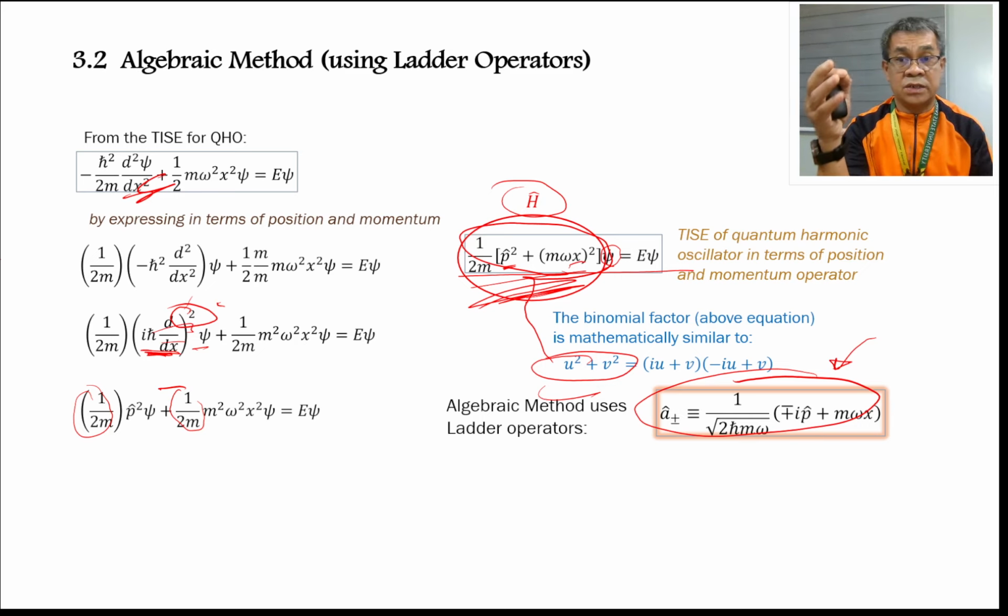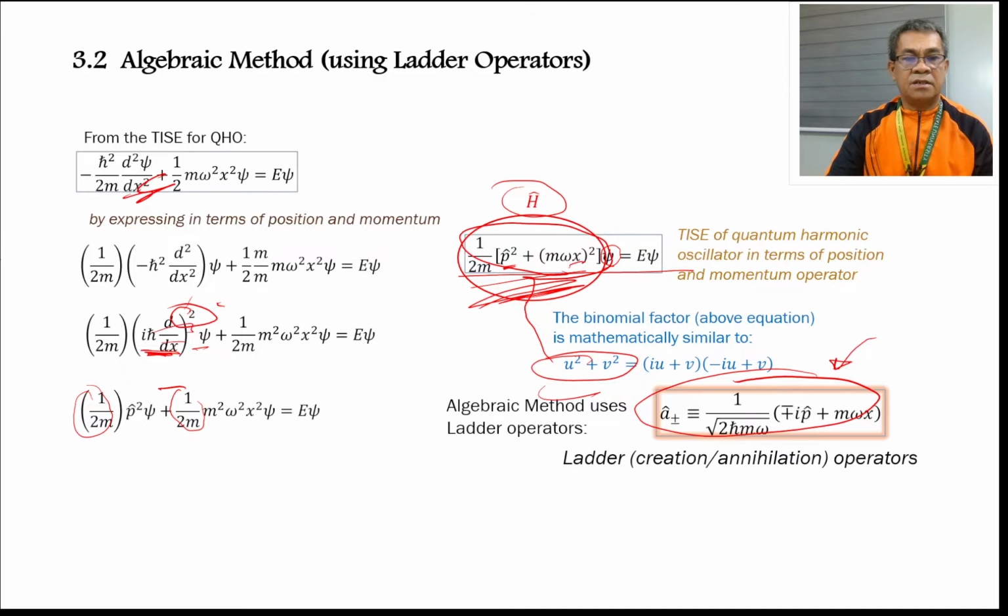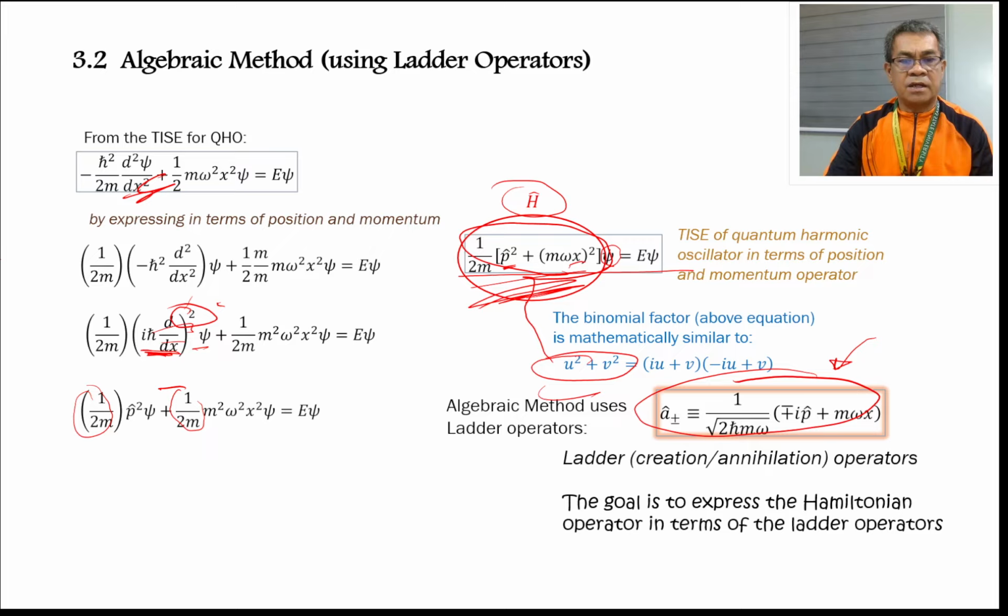Remember, we will solve the QHO using the ladder operators, and these are the two ladder operators. We have the A plus and we have the A minus. So these are the ladder operators, and the goal is to express the Hamiltonian operator in terms of these operators.